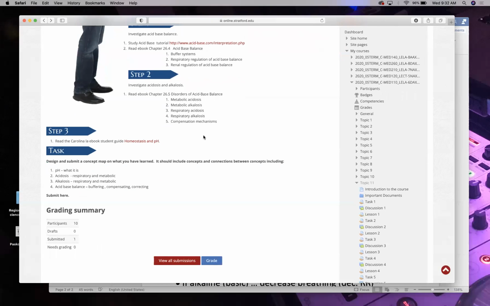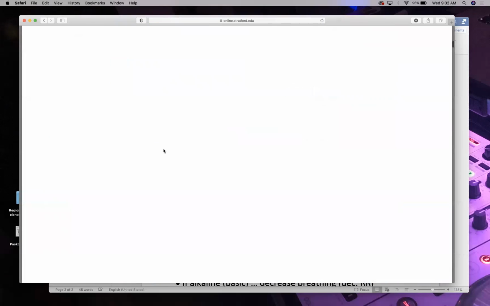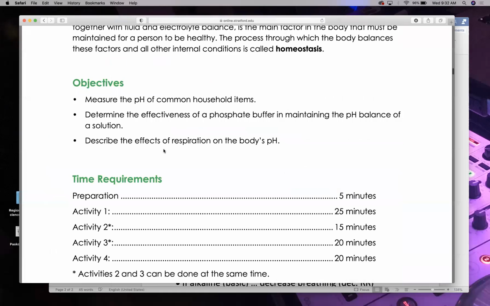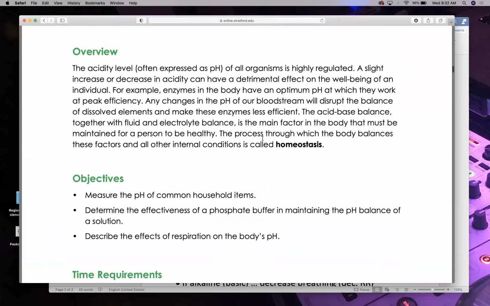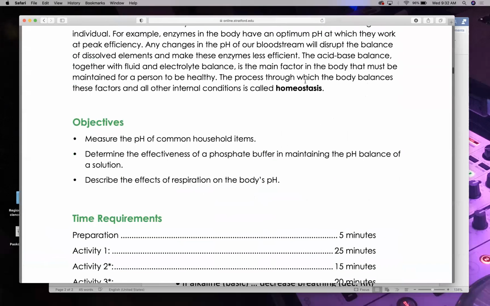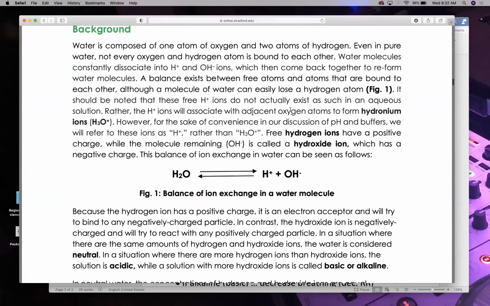Okay, here's some Carolina notes regarding homeostasis. So you have notes here, which are okay, but you also have these wonderful notes here. I love the Carolina notes because they're simple, and they highlight certain terms, right?